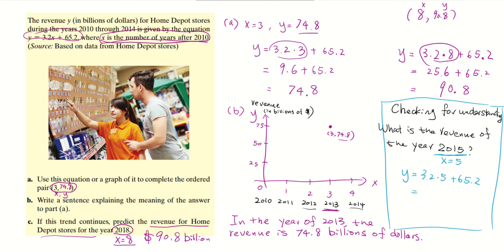Let's go through the calculation. That's 16.0 plus 65.2. That will give you the revenue of $81.2 billion.